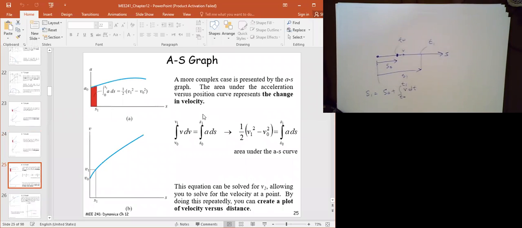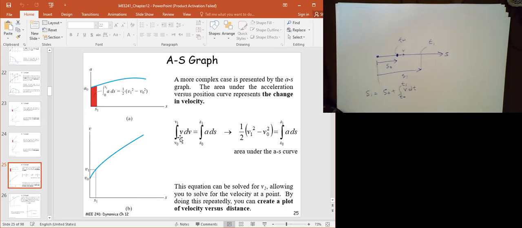Okay, last thing that I want to go over here is that sometimes you could have the acceleration as a function of the displacement, so an AS curve or VS curve. And we remember this equation, or how we obtain that equation, right, by substituting t.